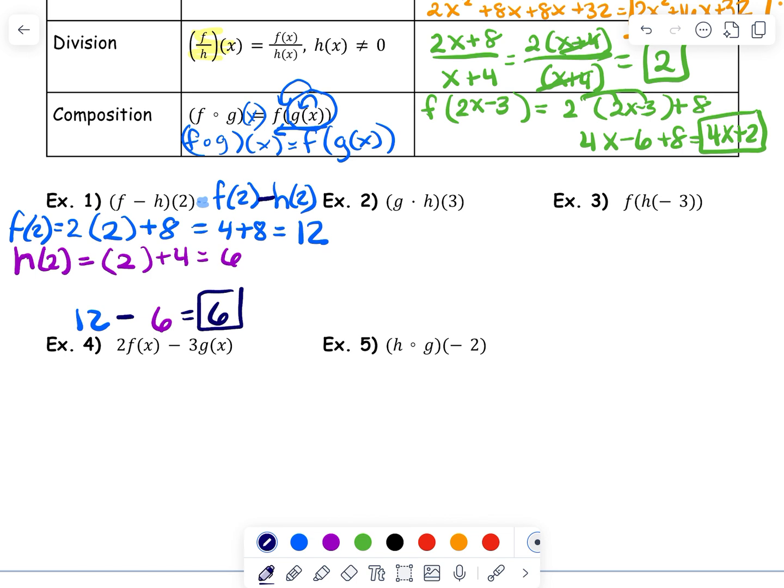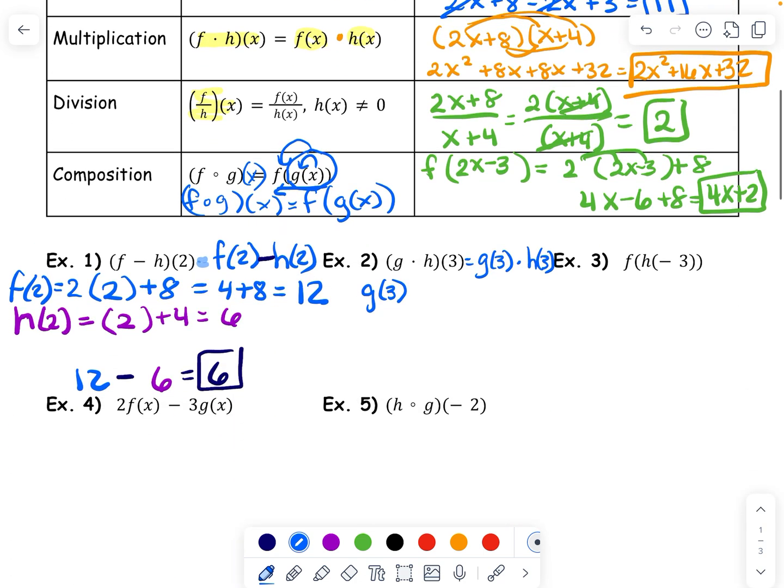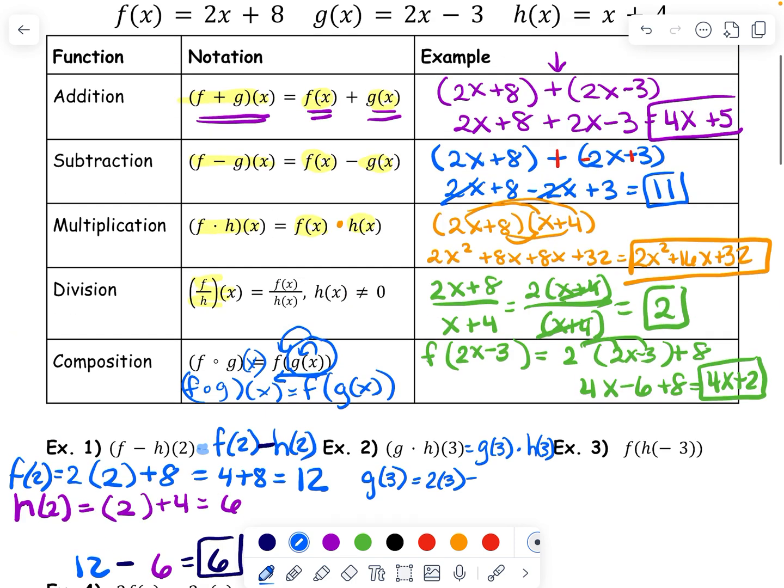Okay, similarly for the next one, this is equal to g of 3 times h of 3. So we go find g of 3, 2x minus 3, 2 times 3 minus 3.